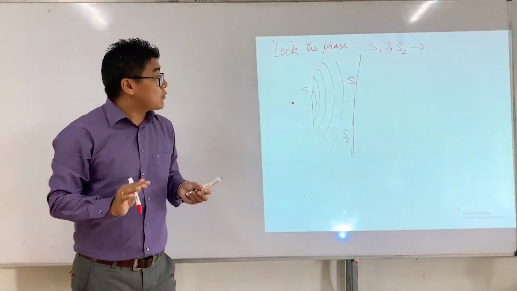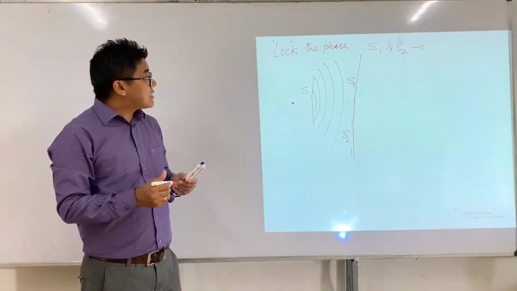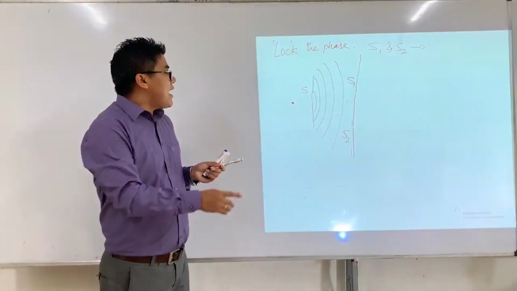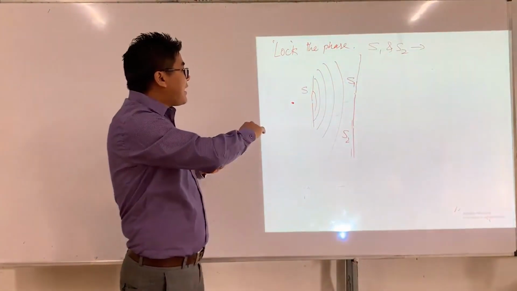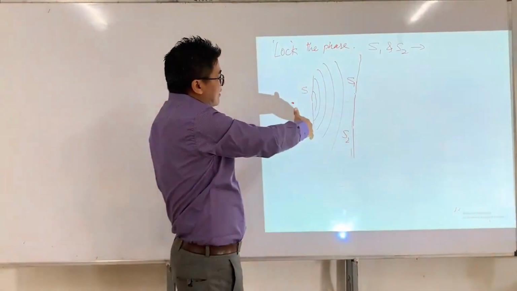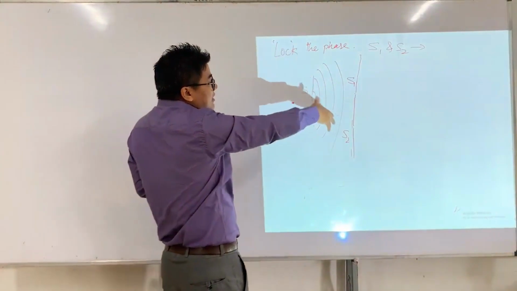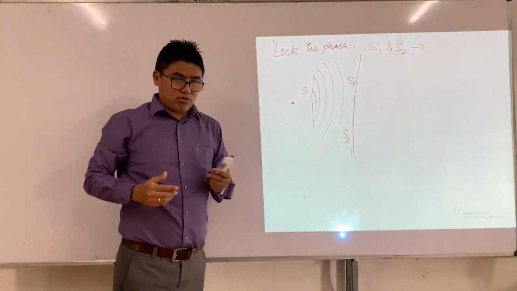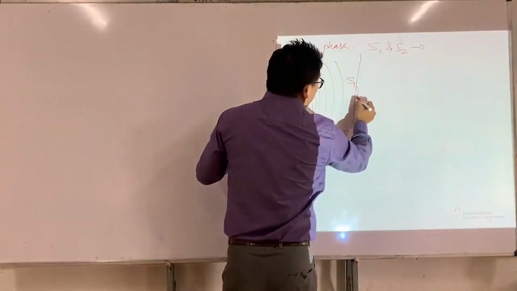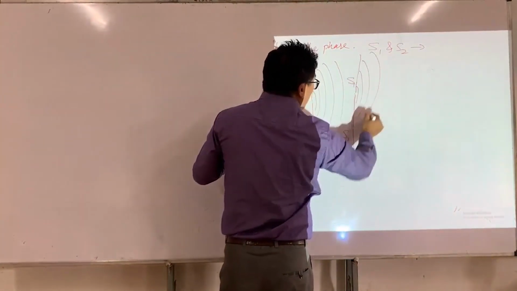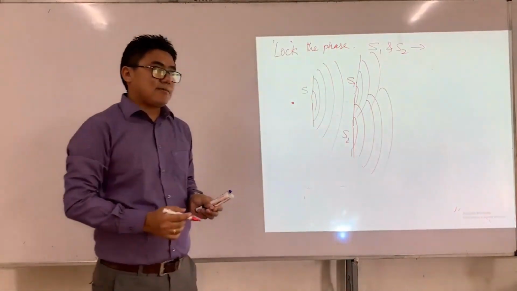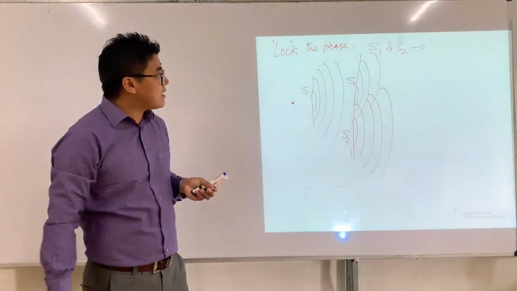Again, he locked the phase by using a single source whose light passes through a thin slit, and that light illuminates two slits. Light coming from the two sources is now perfectly coherent in nature.